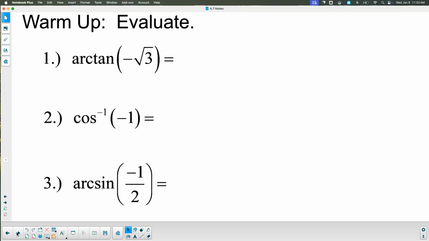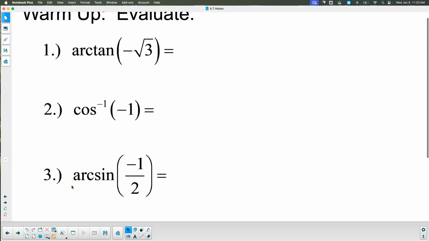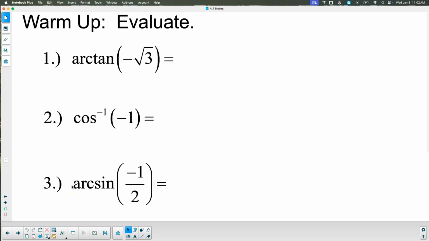I'll give you a minute. Go for it. Tangent, looking at the right side of the unit circle. I want tangent to be negative square root of 3. That's going to be down here at 5 pi over 3.